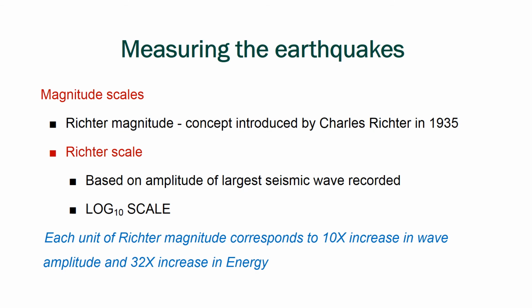So each unit of Richter magnitude equals a 10 times increase in wave amplitude for the next degree, and about a 32 times increase in energy for the next scale. Like the difference between 4 and 5, for example, you have a 10 times increase in wave amplitude and a 32 times increase in energy between two consecutive scales of Richter, like 4 to 5 or 5 to 6.